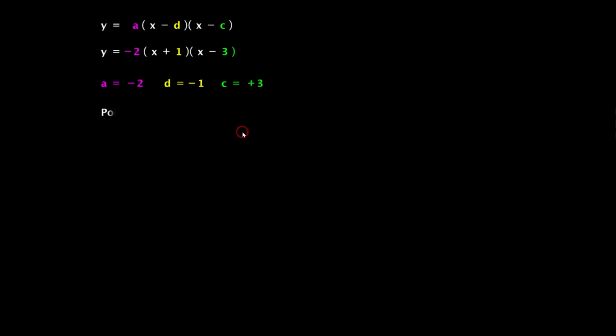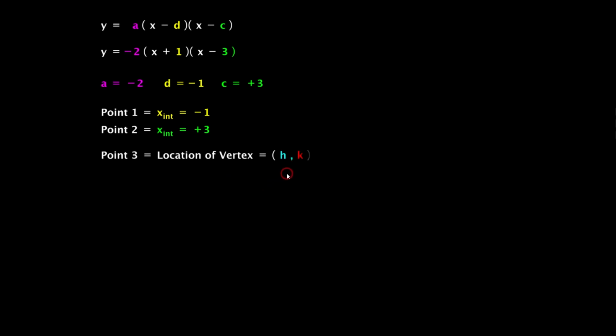So point 1 is the first x-intercept, which is -1, while y is 0. Point 2 is the next x-intercept, which is on the x-axis. So when x is +3, y is 0. Now point 3 is the location of the vertex, and the notation is h comma k.